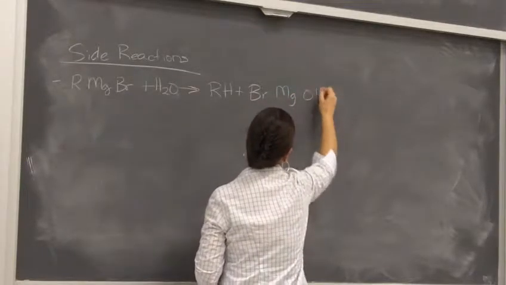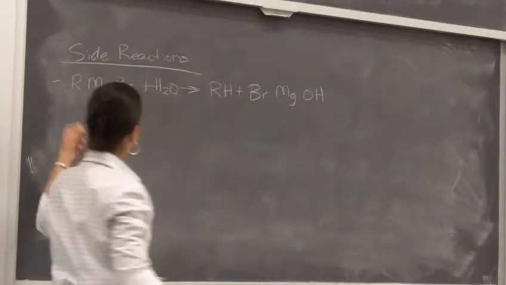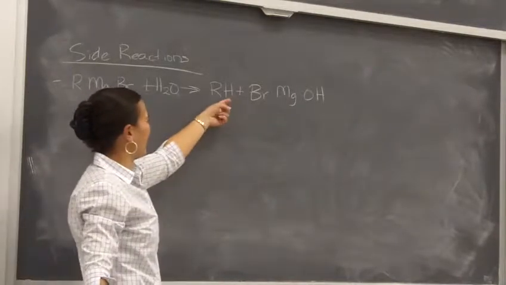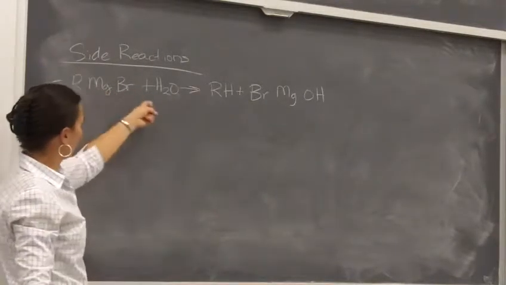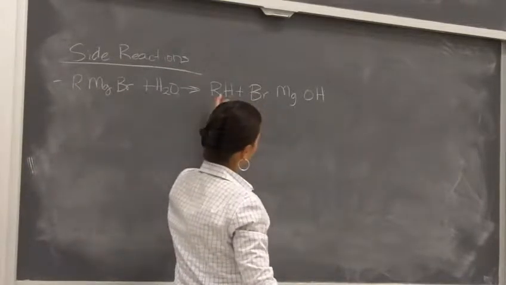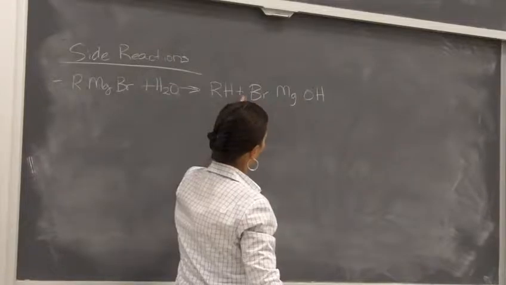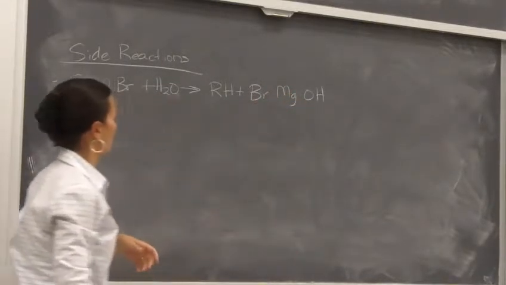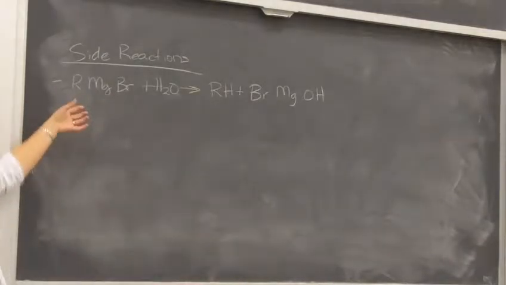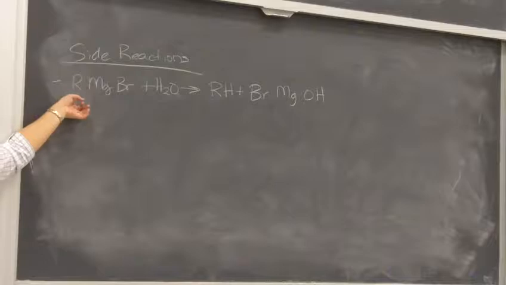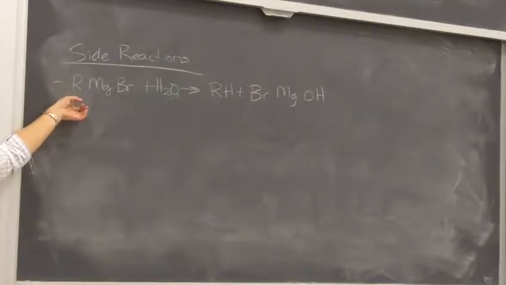And so this is what happens. The Grignard reagent will react with water. We basically get the alkane of our alkyl bromide out, and then our bromomagnesium hydroxide basically is what also forms in there as kind of a salt in the reaction. But if this happens, we don't have any Grignard reagent, we can't go on to react it with the aldehyde, okay?